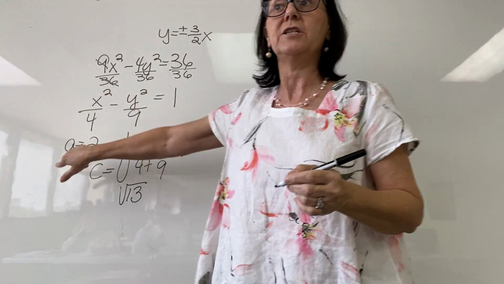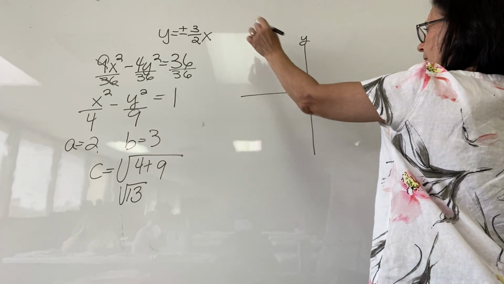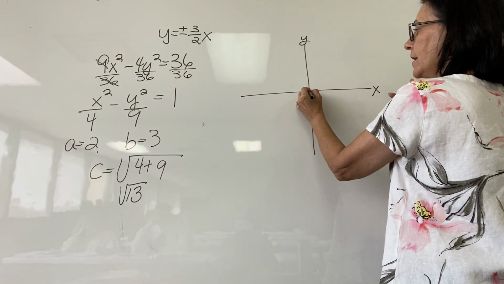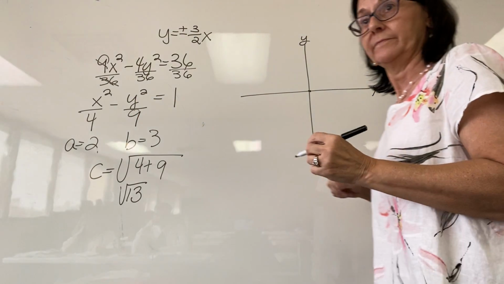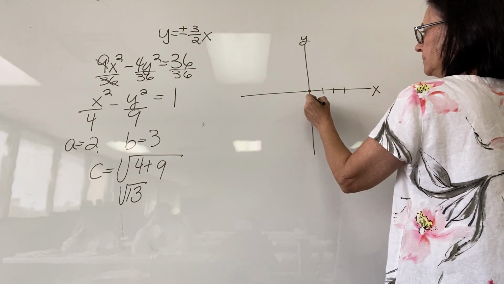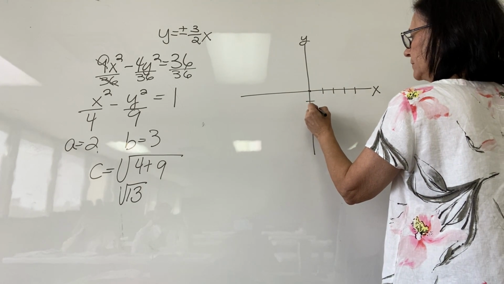Change in y, change in x. So I'm going to graph that. One's going to be a negative slope, one's going to be a positive slope. And I'm going to start at the origin because this has not been transformed. Where do I go to?